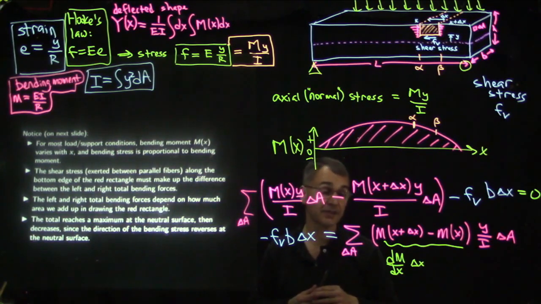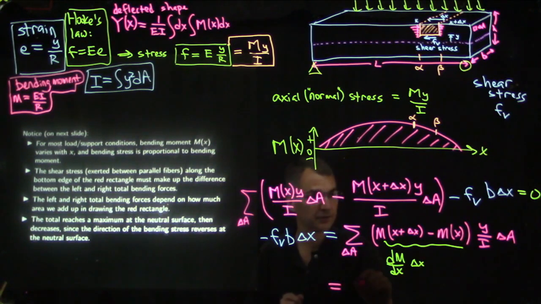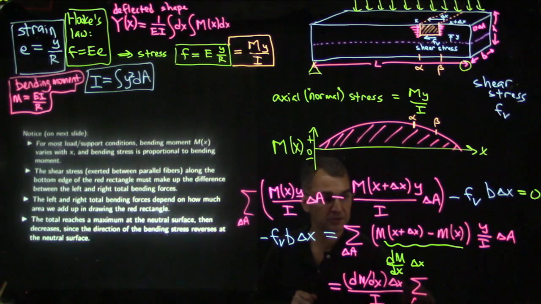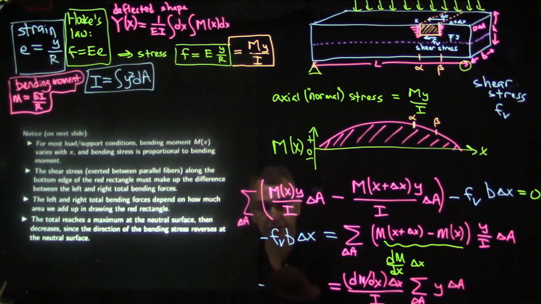And dM by dx actually is V of x, but I'll leave it in the form dM by dx for the moment. So this is dM by dx times delta x, and then we're going to divide by I, and then add up over all little patches of area, y delta A. And this somehow equals minus our shear stress times the width of the beam times delta x.